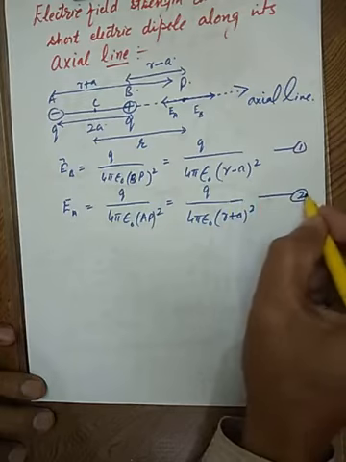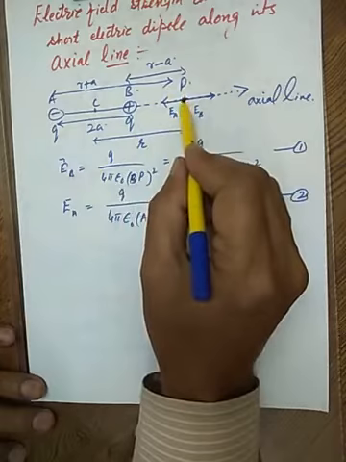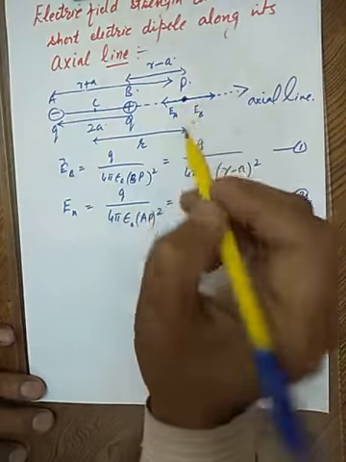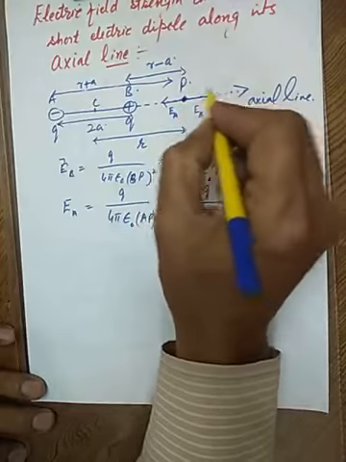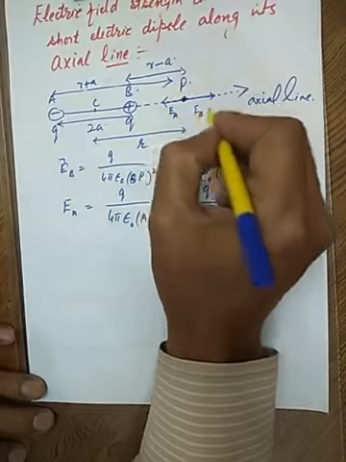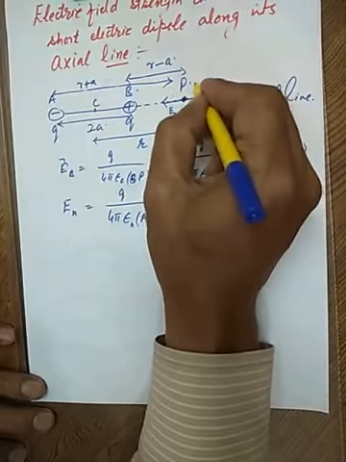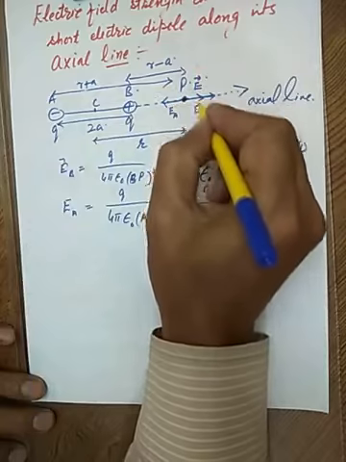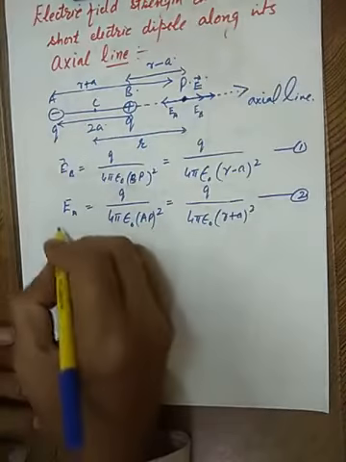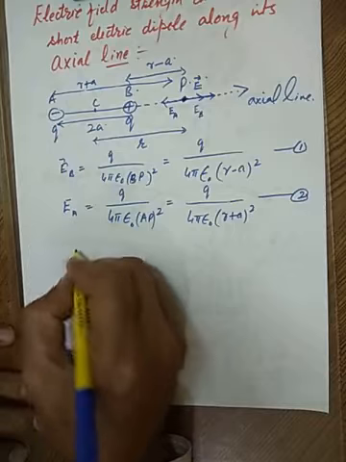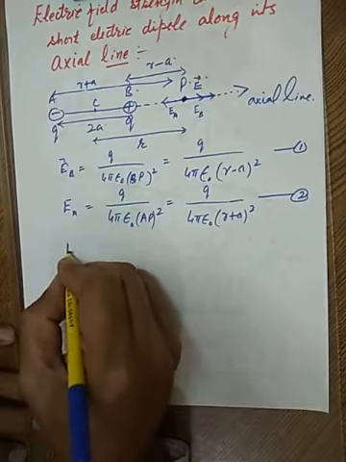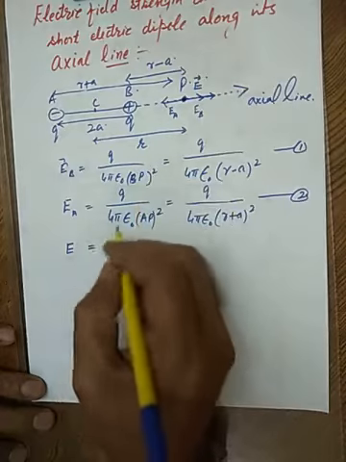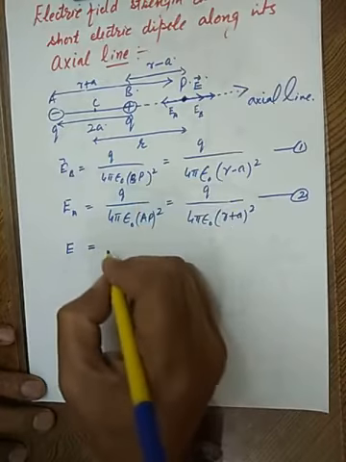This is equation 2. The total electric field at point P due to both charges is the resultant of both. Their resultant is directed in the direction of EB, so E is equal to EB plus EA.